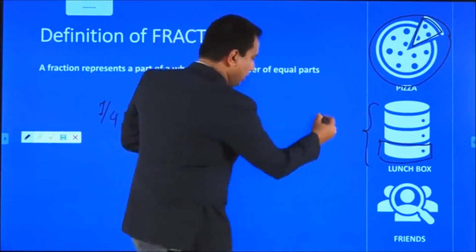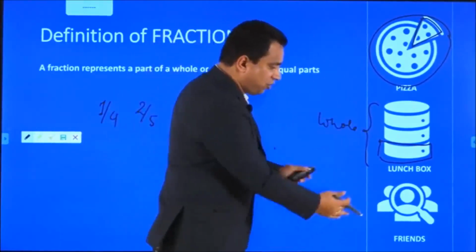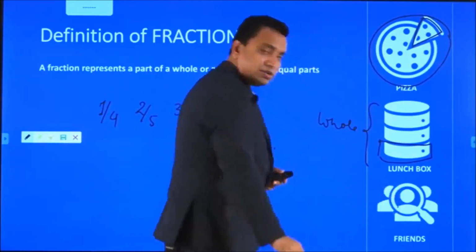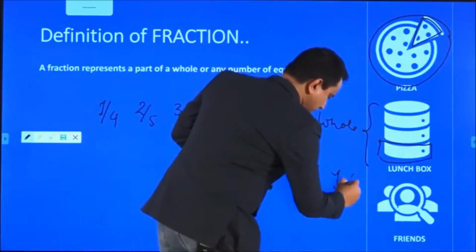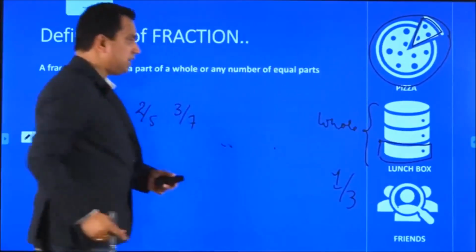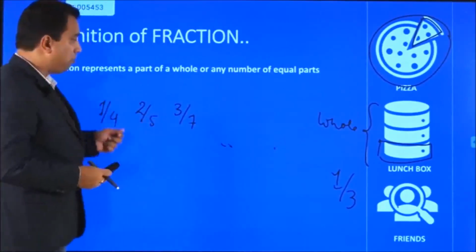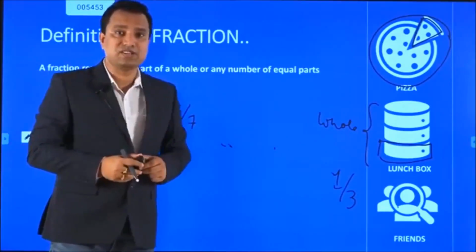So that's the whole. Now, you have a bunch of good friends, and one of them has come along with you for a dinner. So you tell your other friends that he is one of my 3 best friends. See, that's how simple it is. You have been using the word fraction and the logic many a times, just that you did not know what a fraction is all about.